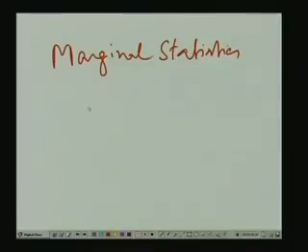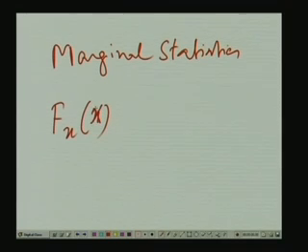You can easily see that if I say, as usual, the probability distribution of x, that is, small x taking values less than or equal to capital X, where capital X is a specified number, this is the probability distribution. This will be called the marginal distribution of x, where x, y are jointly random.